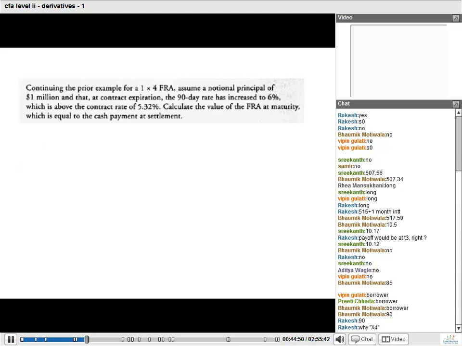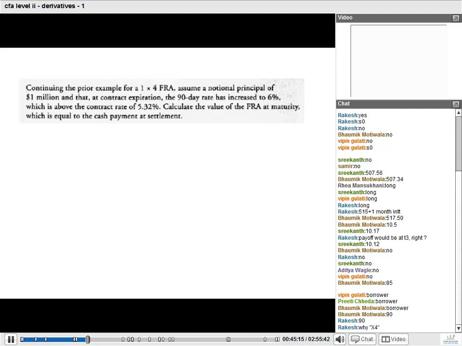Continuing the prior example for a 1:4 FRA, assume a notional principal of $1 million and that at contract expiration the 90-day rate has increased to 6%, which is above the contract rate. Calculate the value of the FRA at maturity.